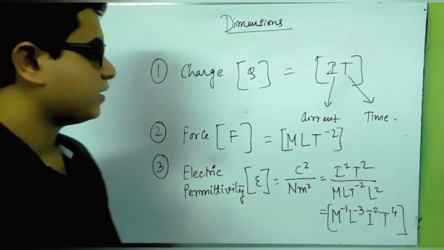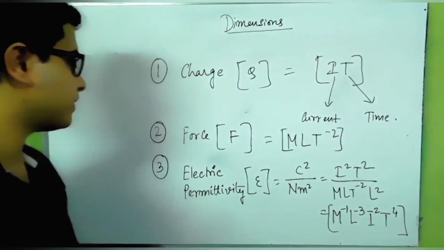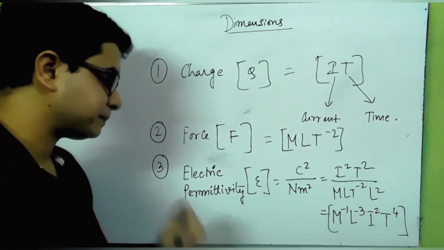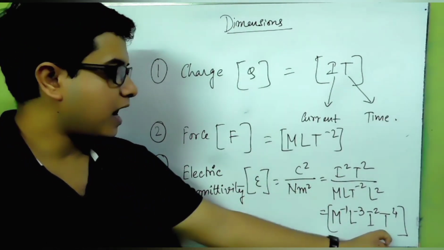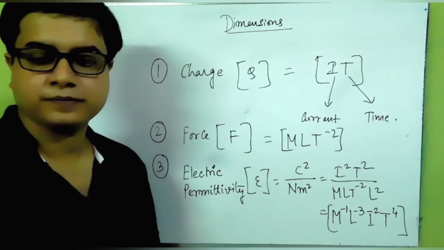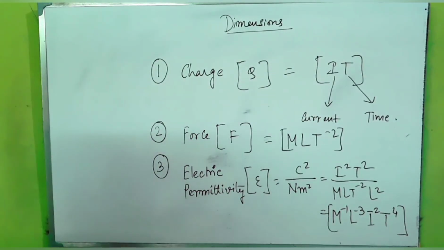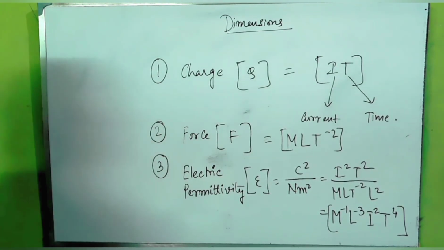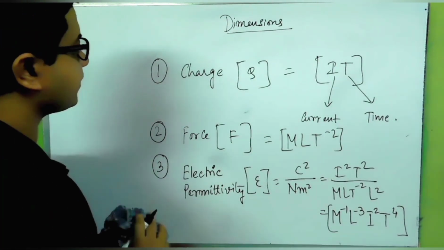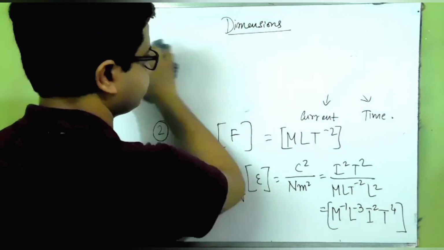So this is the ultimate dimension of electric permittivity, epsilon, which is m to the power minus 1, L to the power minus 3, I square t to the power 4. Now, please write it down, and then we are going to derive the dimension of Coulomb's constant.